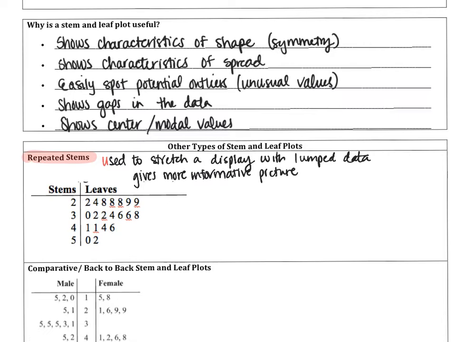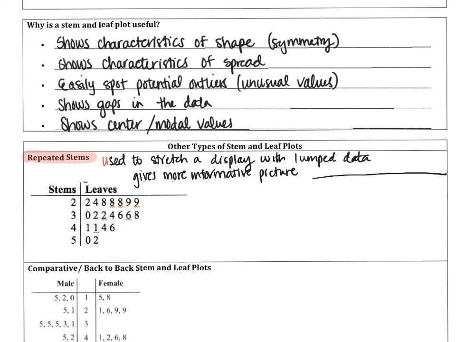So this stem and leaf plot that we have right here has some pretty compacted values around 2 and 3. We've got a lot of values up there. Based off of what we see right now, this graph is looking pretty skewed to the right. So with the repeated stems, we may or may not see that this skew is more or less dramatic than we see it right now.